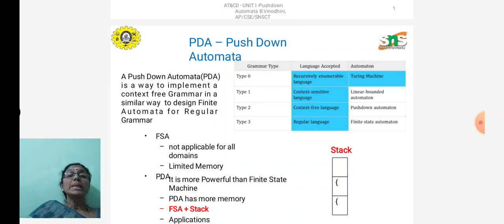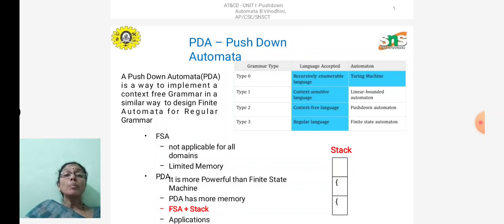The finite state automata is not applicable for all domains. It has limited memory, but some languages require memorizing the previous history. For example, take the language a power n followed by b power n.